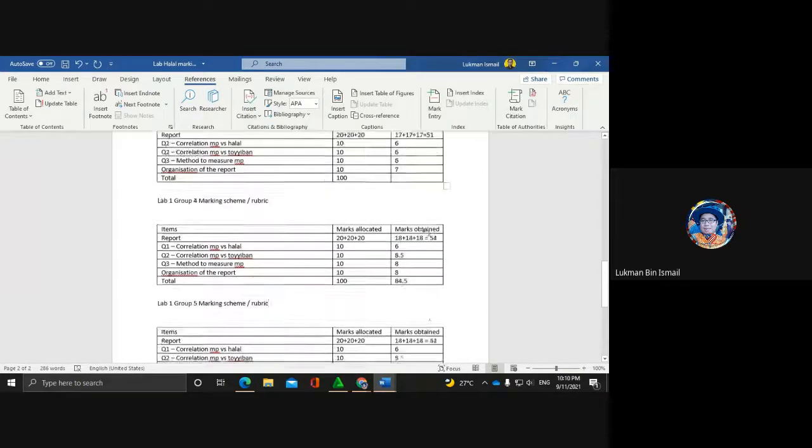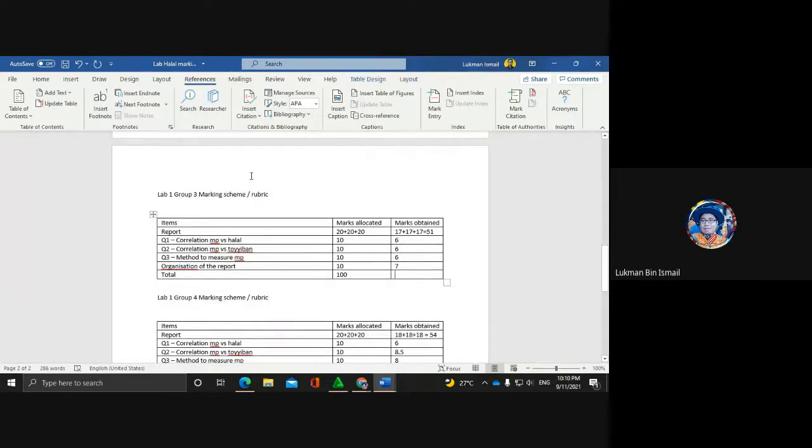So oh yes, you tak taruh apa ni group 3 punya number. So 51 plus 6 plus 6 plus 6 plus 7. 76, not too bad. Okay, 51 plus 6, 76.